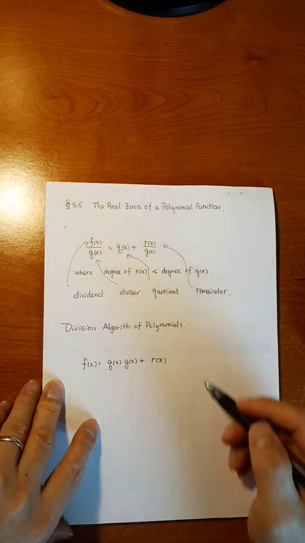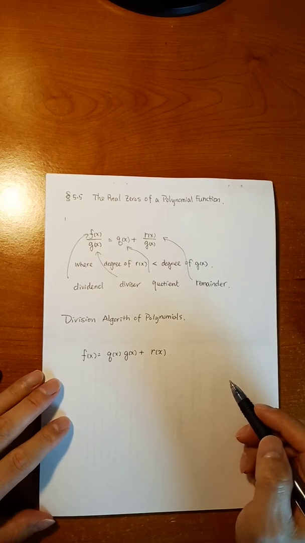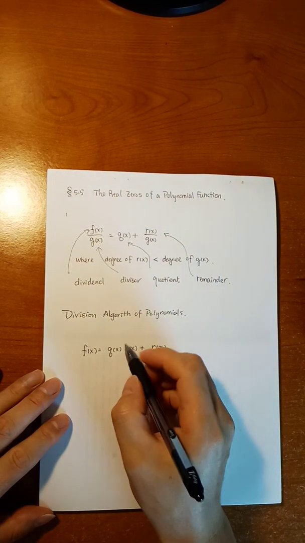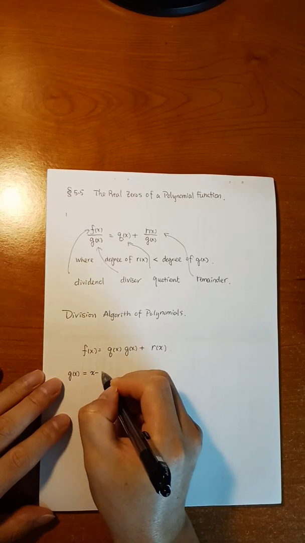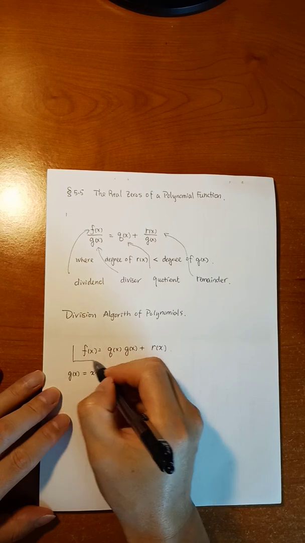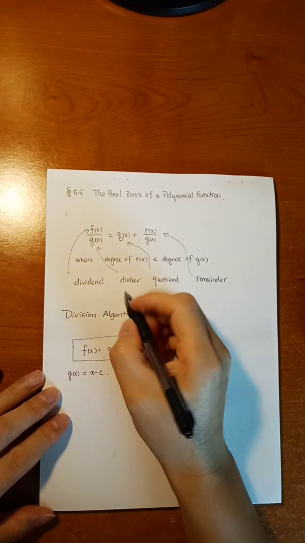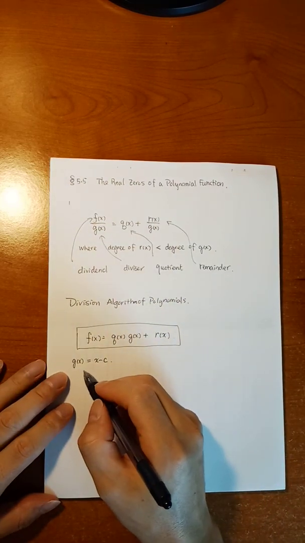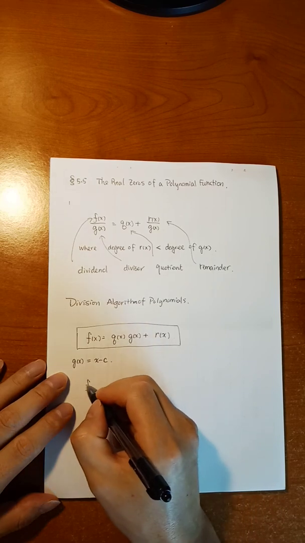So you multiply every term by g(x). This works for all division algorithms. And especially when g(x) is x minus c, then we will have this.